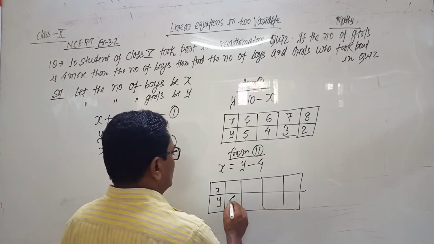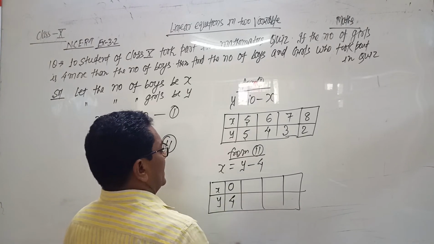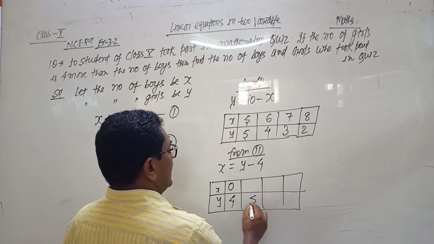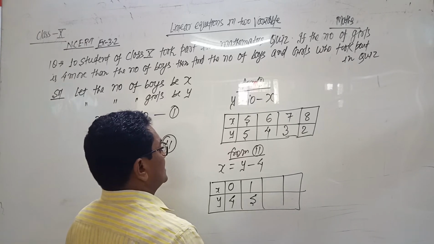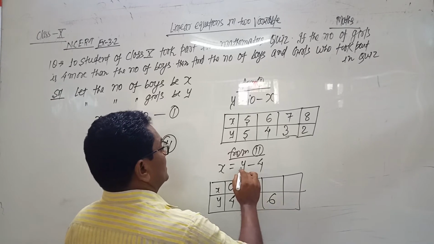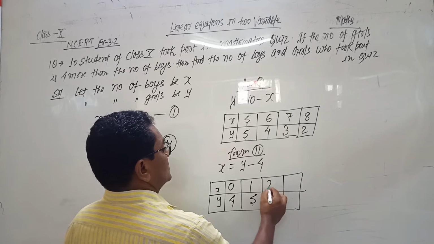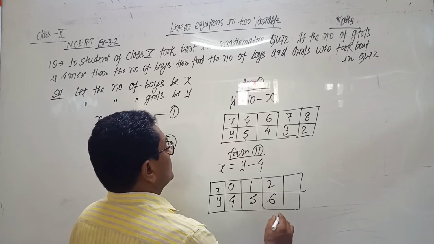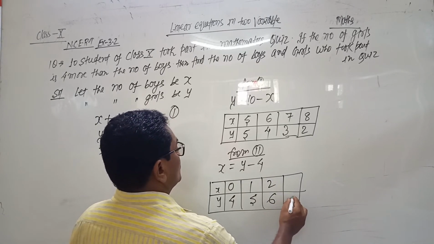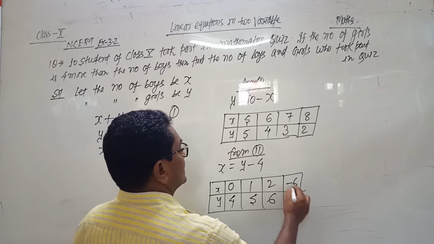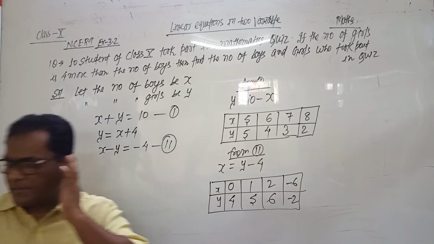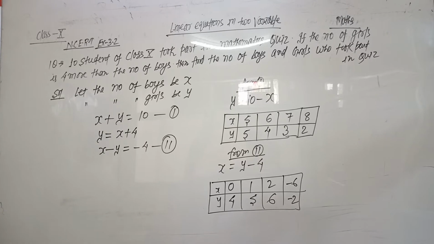So when y equals to 4, the value of x is 0. When y equals to 5, the value of x is 1. When y equals to 6, the value of x is 2. When y equals to minus 2, then the value of x is minus 6. And from this table, we have to draw the graph of both the lines.